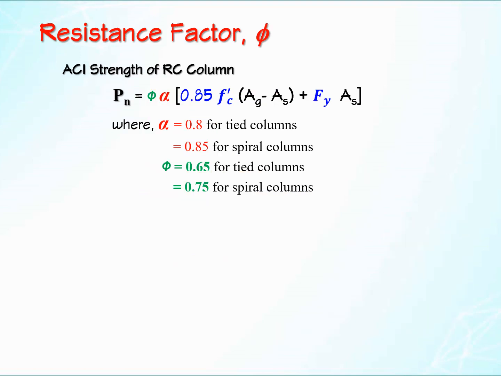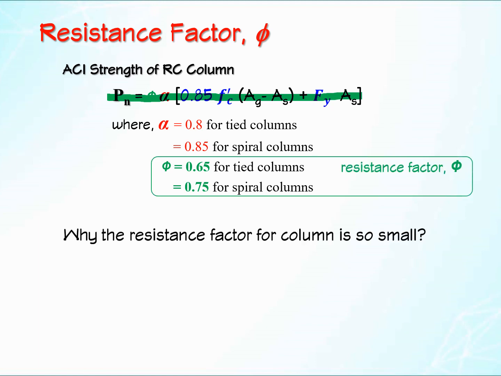Okay, in summary, ACI strength of RC column is like this, and Phi factor is 0.65 for tied column and 0.75 for spiral columns.